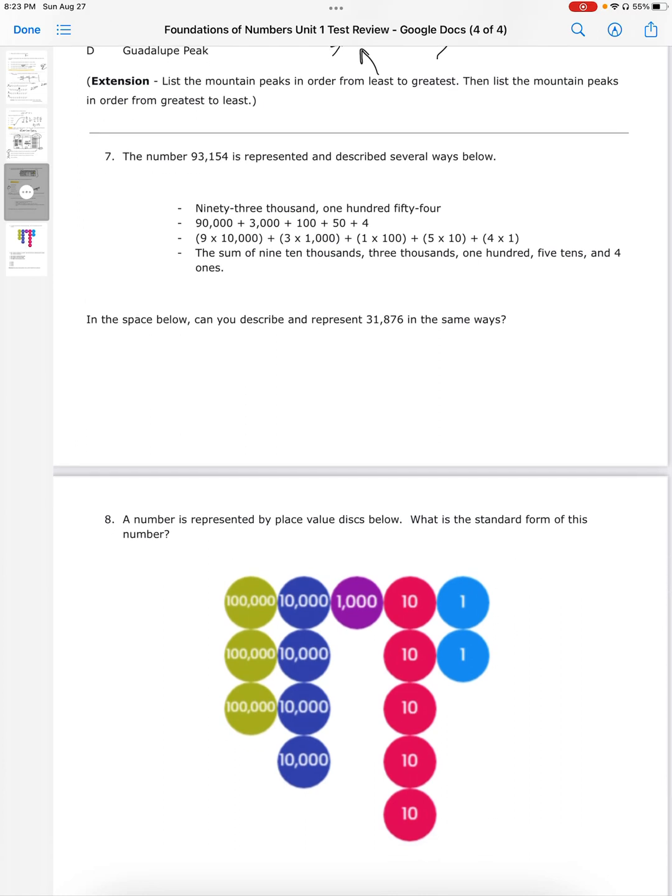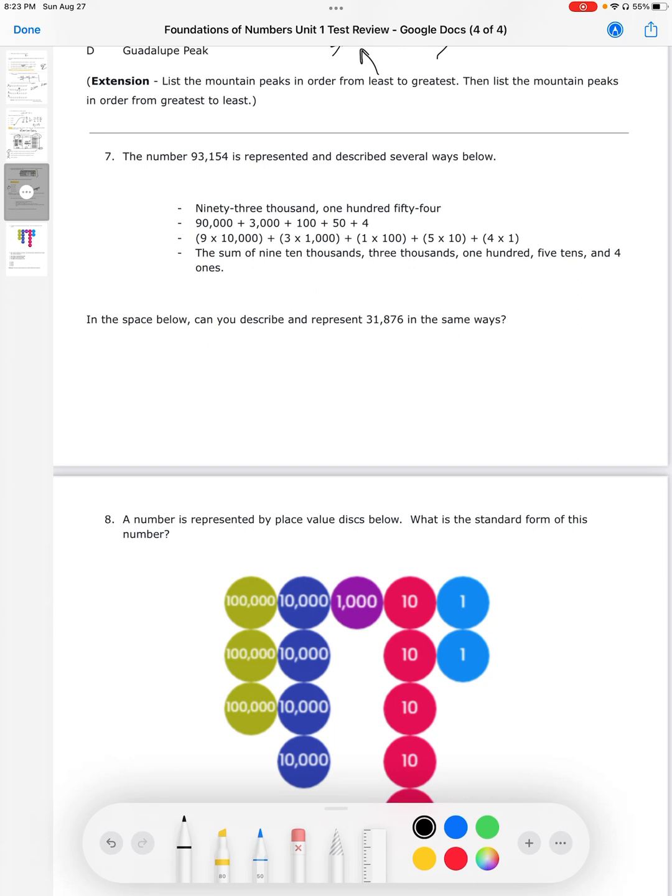Okay, last couple of problems. Number 7 says the number 93,154 is represented and described several ways below. It's described as 93,154 in word form, as 90,000 plus 3,000 plus 100 plus 50 plus 4, that's expanded form.